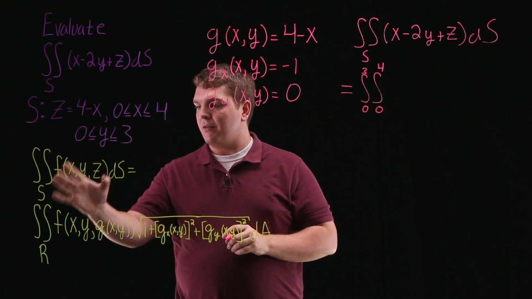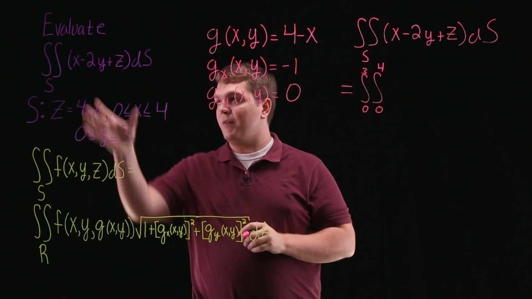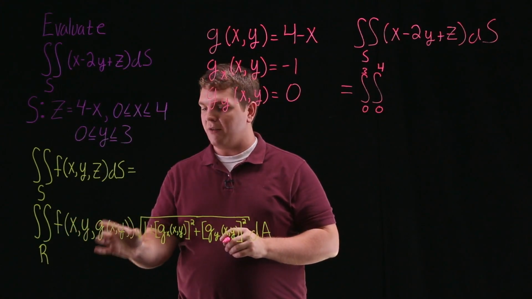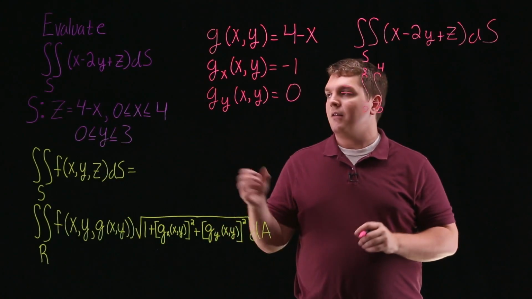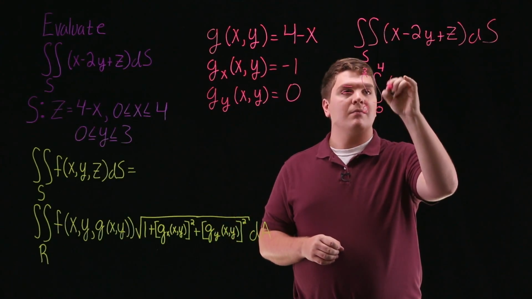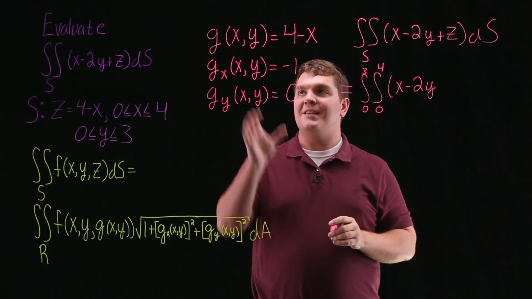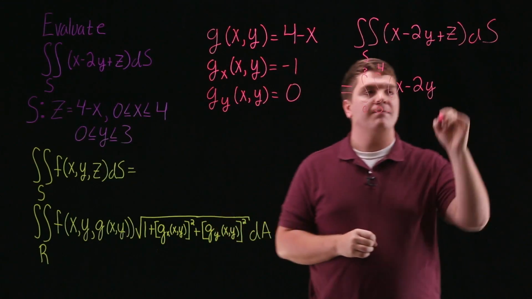Now we're going to replace our function f of x, y, z, this x minus 2y plus z, with this function of x, y, g of xy. So we'll have x minus 2y, and we're replacing z with 4 minus x.